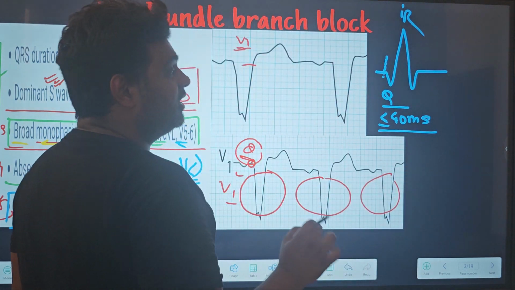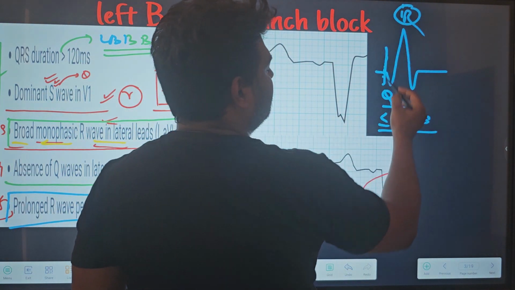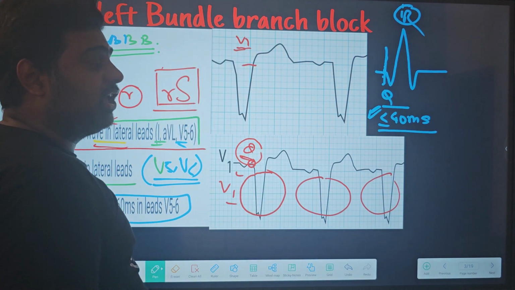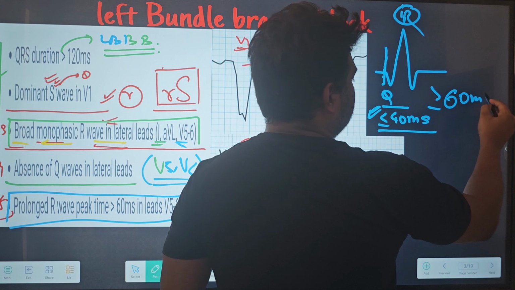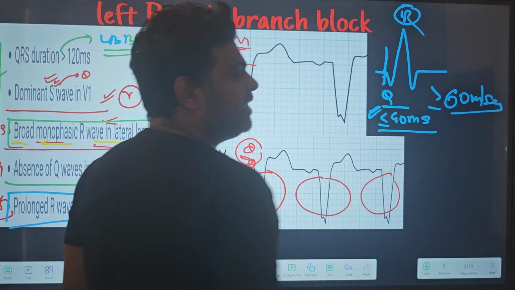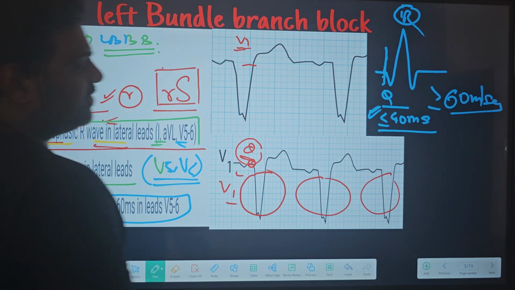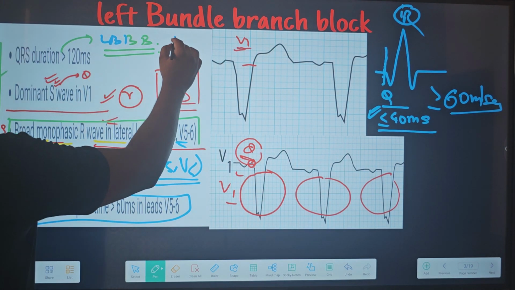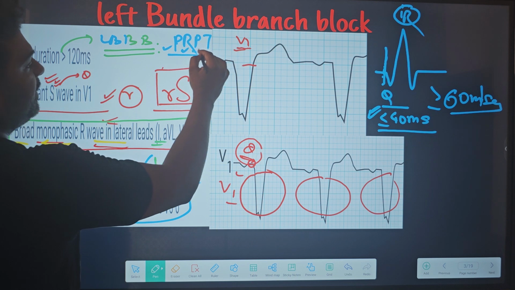If the time duration is 60 milliseconds or more, then we say that PRPT is increased, that is, prolonged R wave peak time.